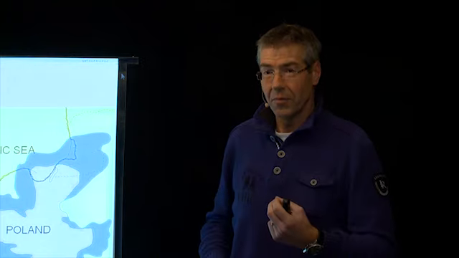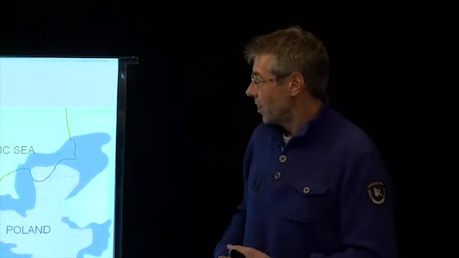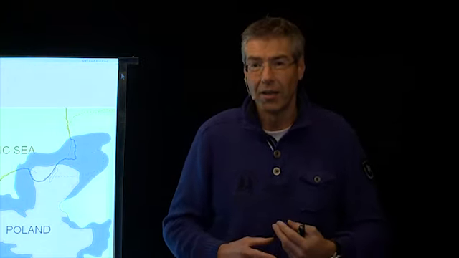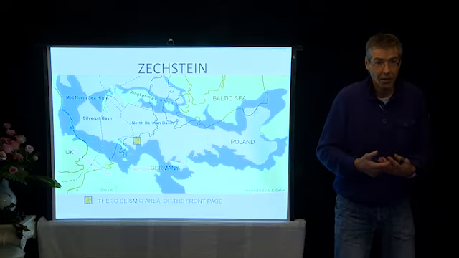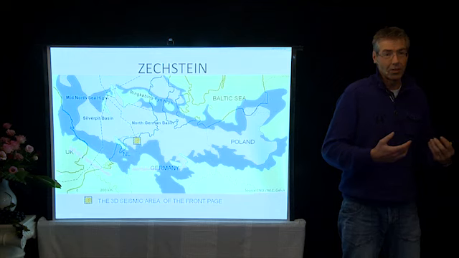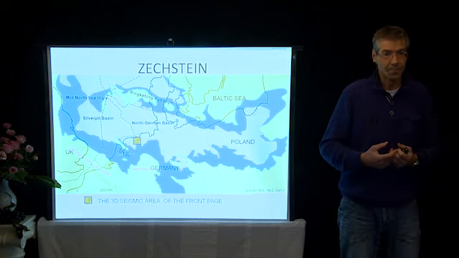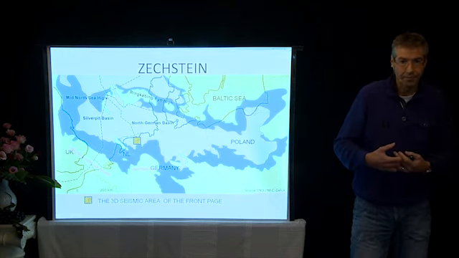To form this Zechstein formation, a 60-fold of seawater needs to be evaporated. So we are talking about 500,000 cubic kilometers of rock salt, and to form that you need a 60-fold of seawater, which is a lot.